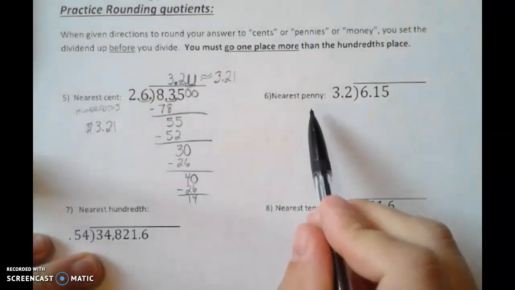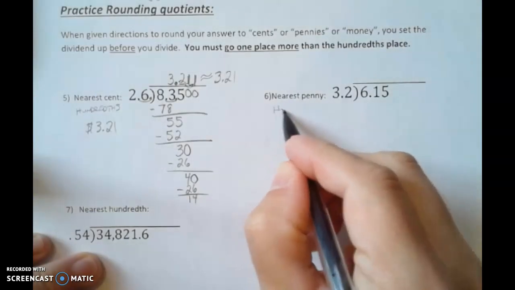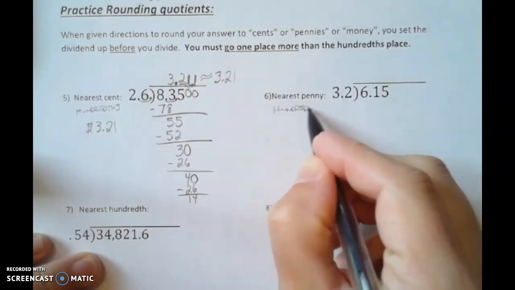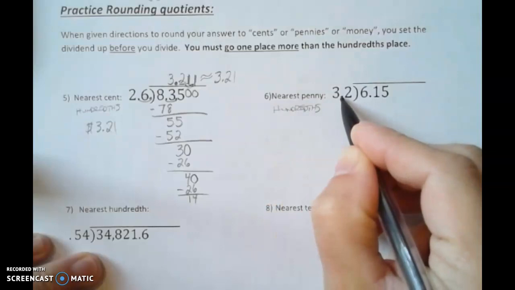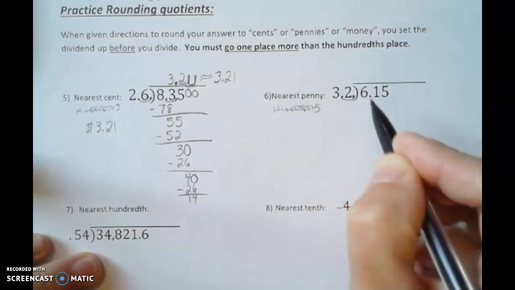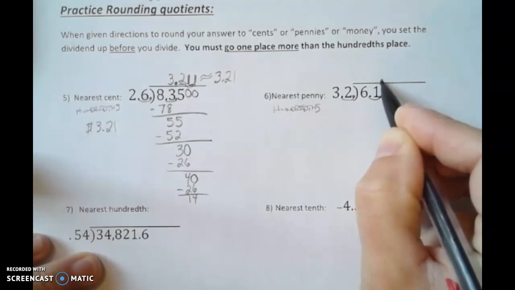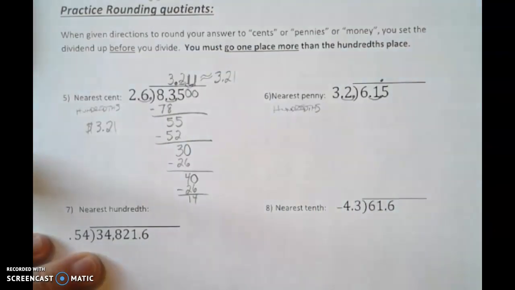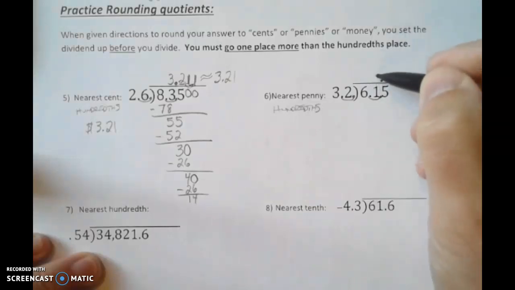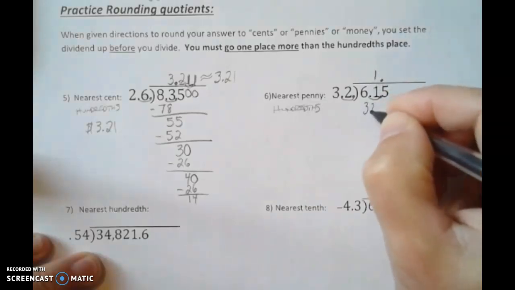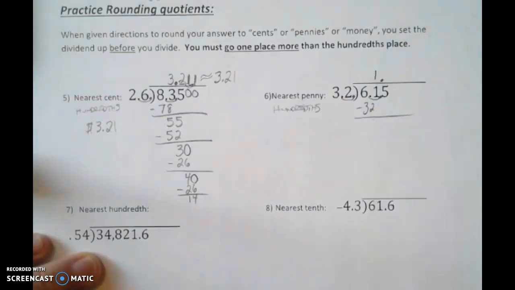Example 6, again, I'm rounding it to the nearest penny, which again is our hundredths place. So I'm going to move my decimal one place to the right on my divisor. So I'm going to do it one time with my dividend and bring the decimal straight up. And now I'm going to go ahead and do my division. 32 only goes into 61 once. So then we have 61 minus 32.